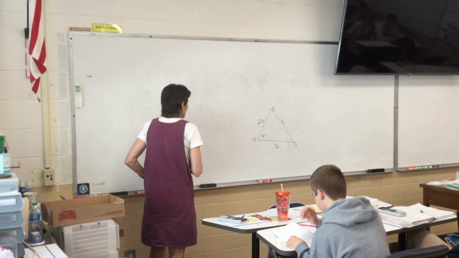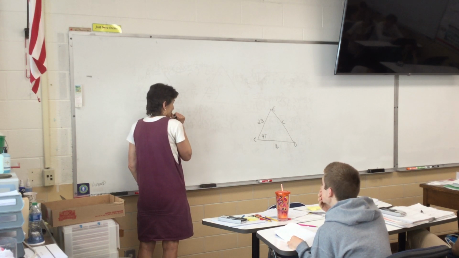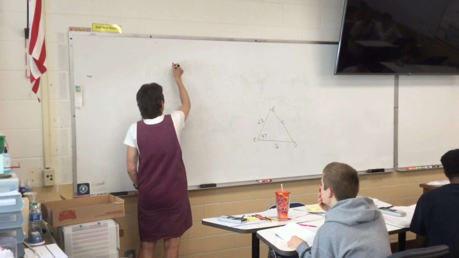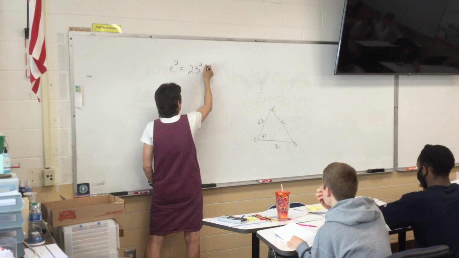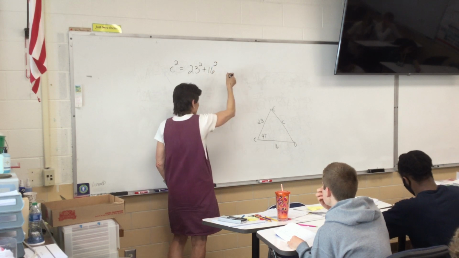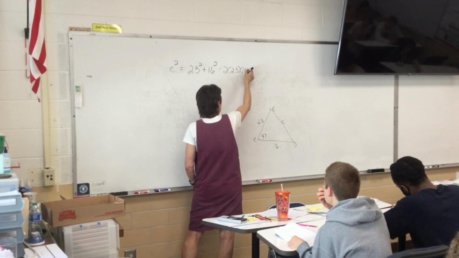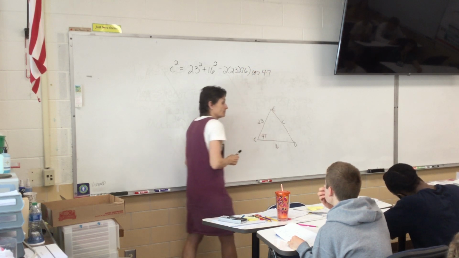And what does the law of cosines look like? Isn't it like the two angles and then cosine, and C squared equals 23 squared plus 16 squared minus 2 times 23 times 16 times cosine 47.